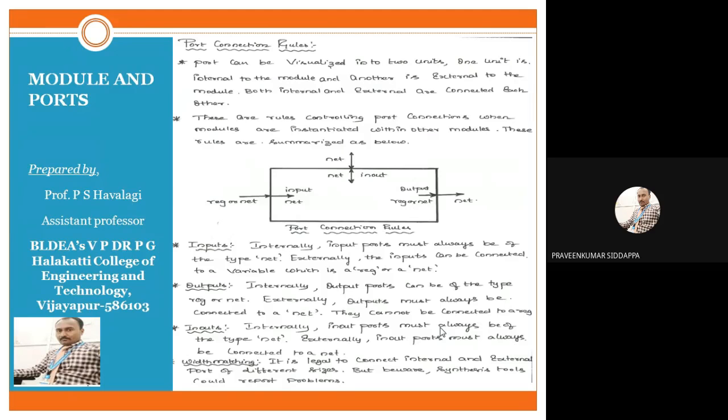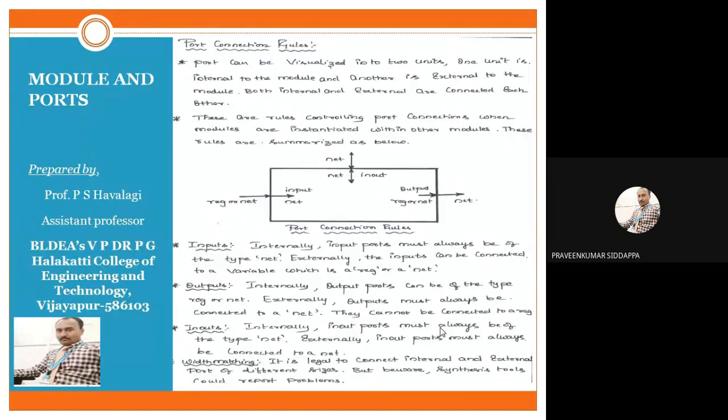So if you are using wire as a name, we will call it as net. Because of that reason, external in-out or otherwise internal in-out must be declared by using net data type. Okay, there we are not storing the result.